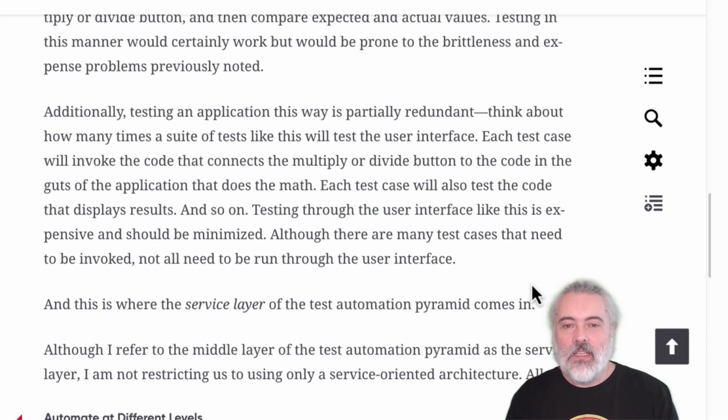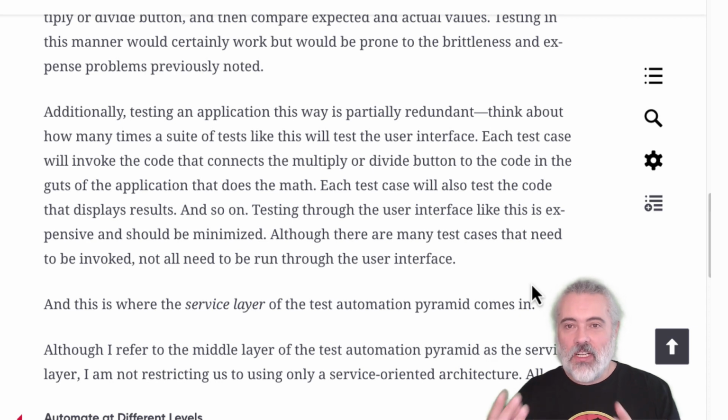So another point here is testing an application at different levels is partially redundant because you have coverage at different levels or layers, or functions use other functions, objects and classes are built from other objects and classes. So think through where the best place is to target the actual functionality tested.